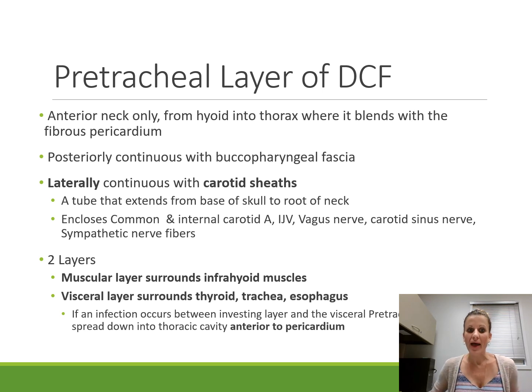Posteriorly, so in the back, the pretracheal layer is continuous with the buccopharyngeal fascia, which we'll look at in a second. And then laterally, it extends and is continuous with the carotid sheaths. The carotid sheaths are tubes that enclose large vessels and nerves on either side of the neck. The carotid sheath extends all the way from the base of the skull to the root of the neck.